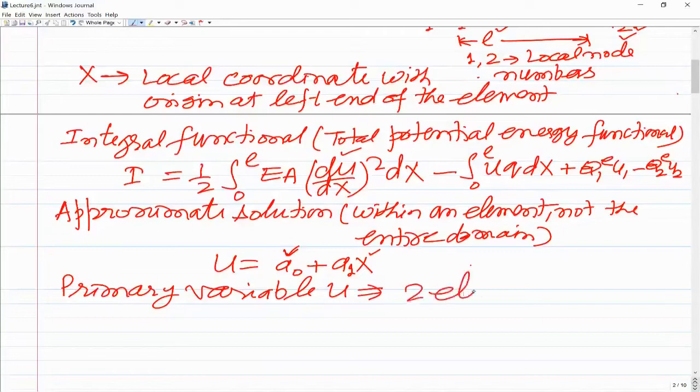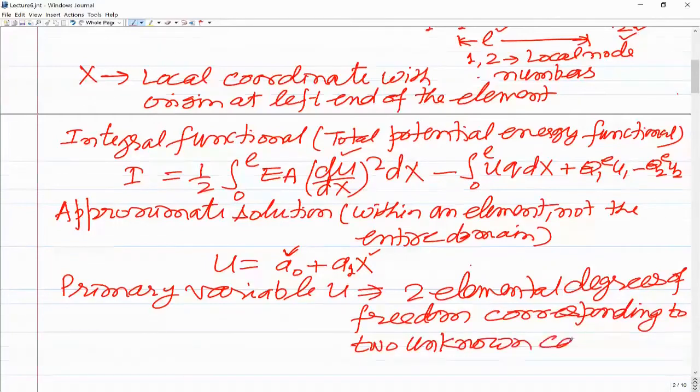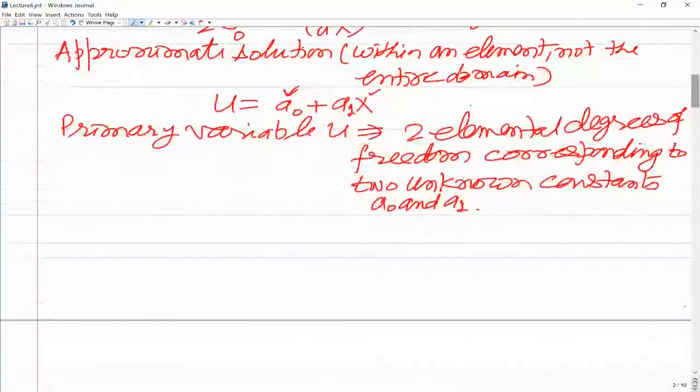So two elemental degrees of freedom corresponding to two unknown constants a0 and a1. So we will be able to satisfy basically the inter-element compatibility requirement from this.